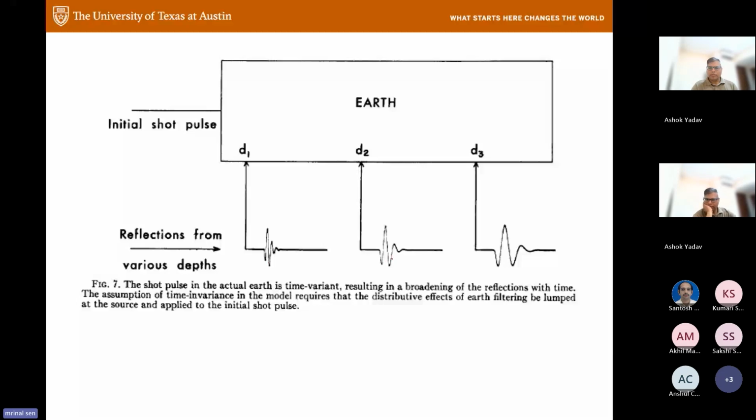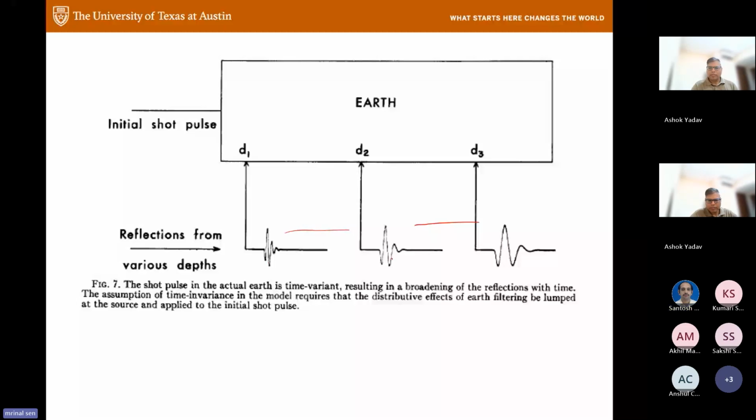What do you see here that is different between these pulses coming from different depths? Is it the frequency content? It's becoming broader as the pulse travels down. Good.